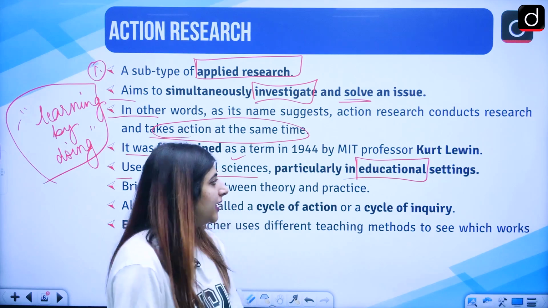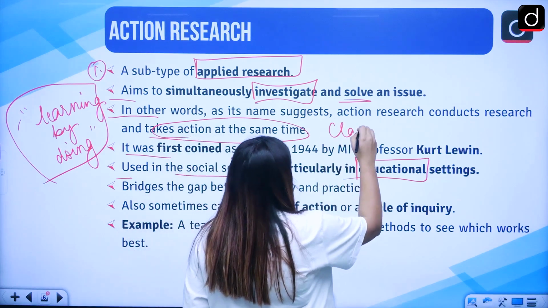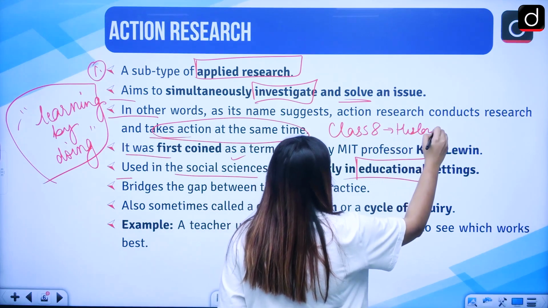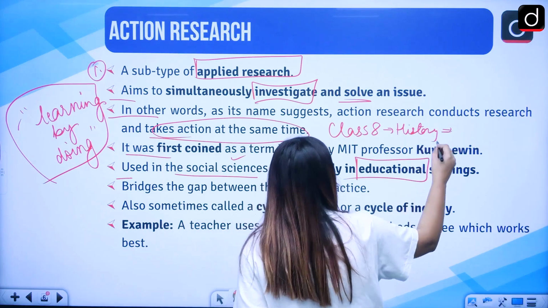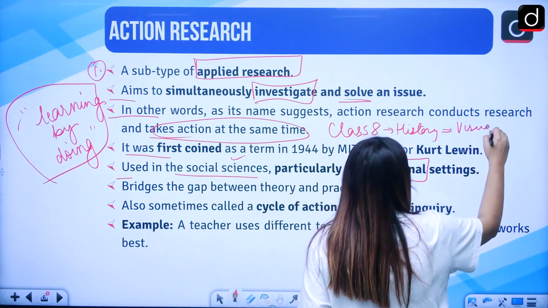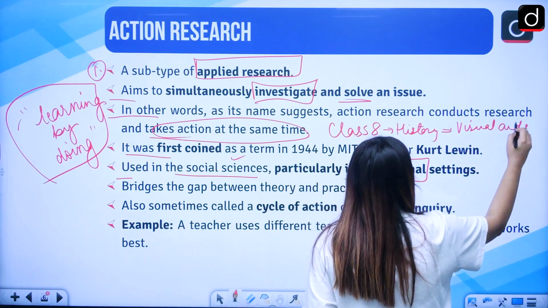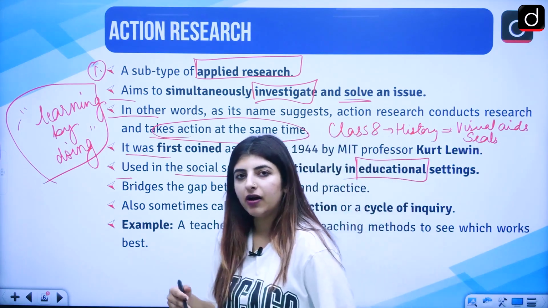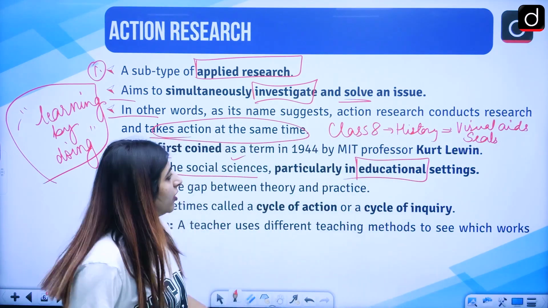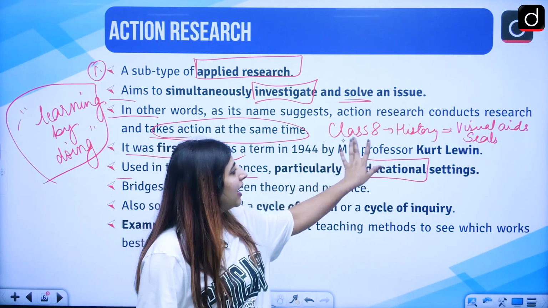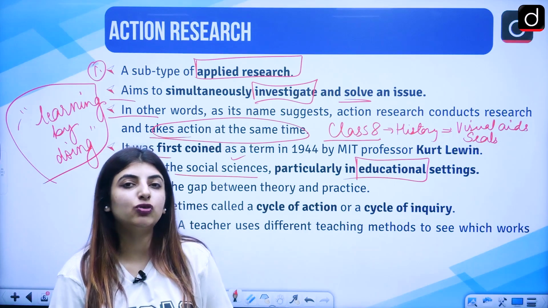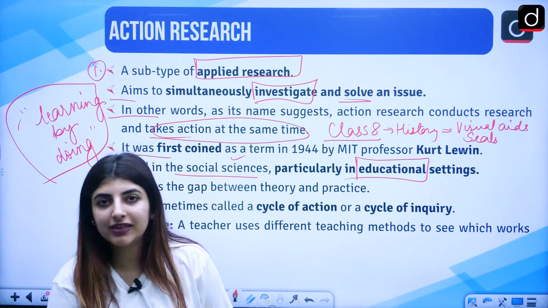If class 8th was unable to understand history and the teacher used visual aids and helped them prepare seals of Mohenjo-daro, Harappa, etc., then on class 8th only this will apply, because they are understanding through that and not the traditional type.